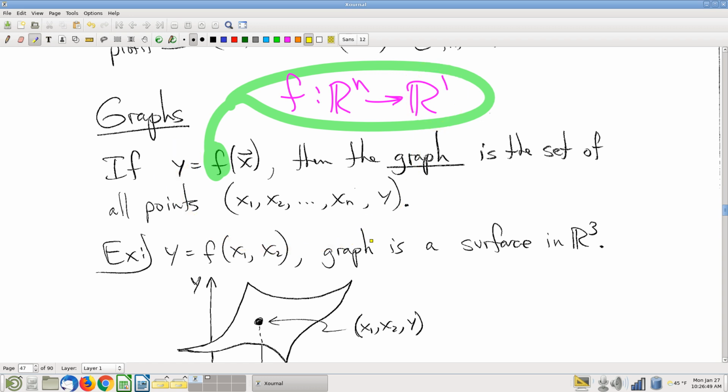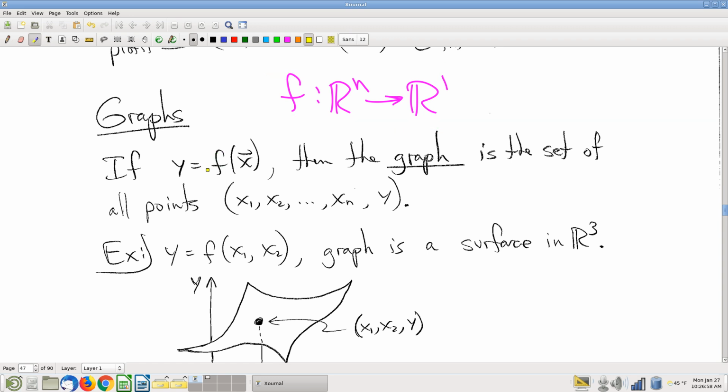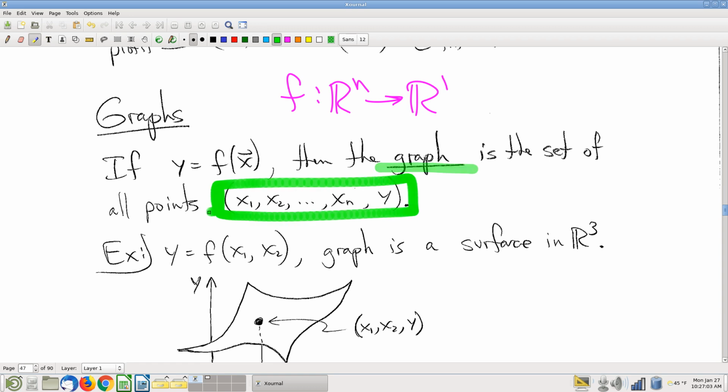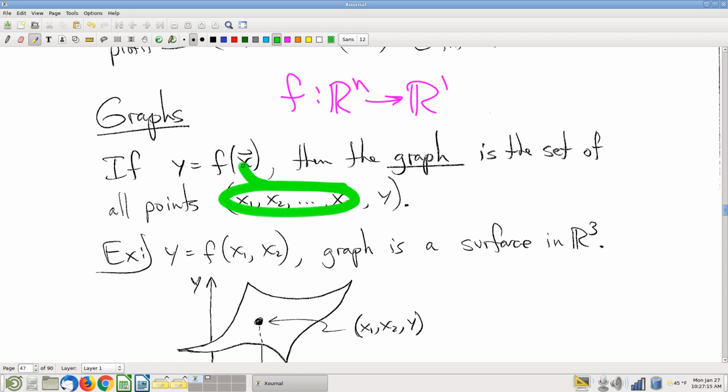Okay. And the way we're going to form the graph, and this is a straight-up rip-off of how we do it in single variable calculus, is that the graph is going to be the set of all points that take this form. I'm going to loosely say x comma y. It's just that the first several coordinates are now the input variables, plural, because we have vector valued input here.